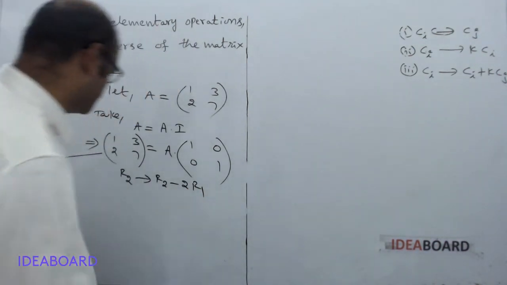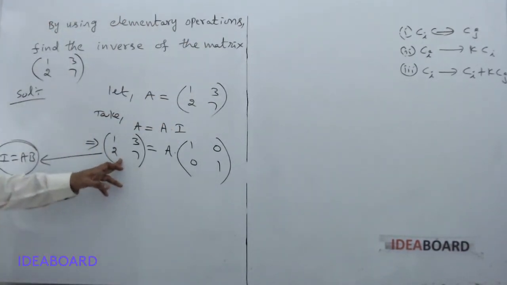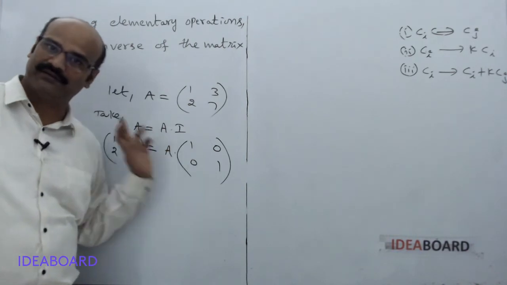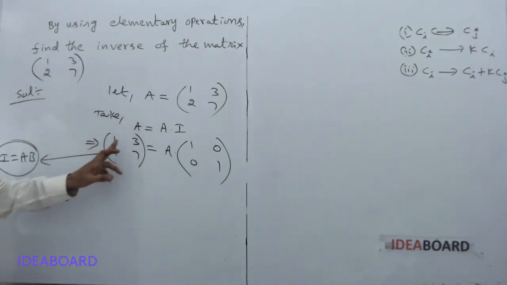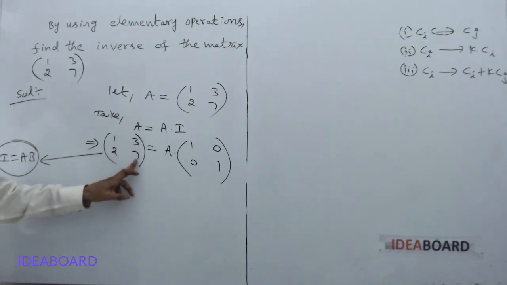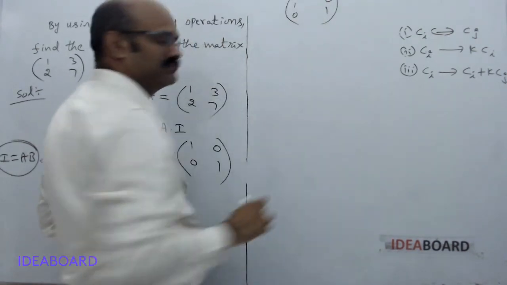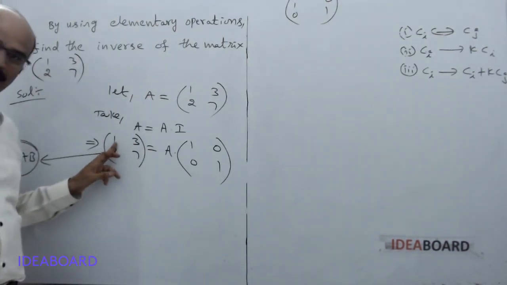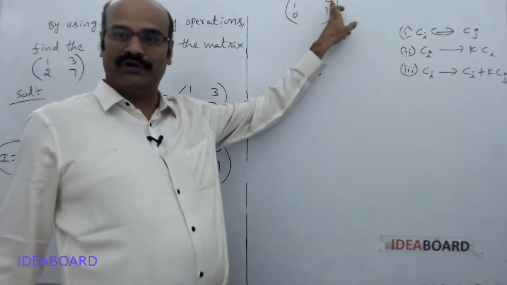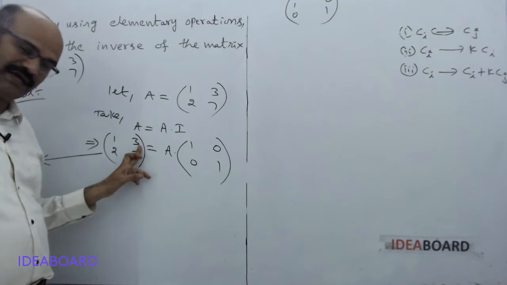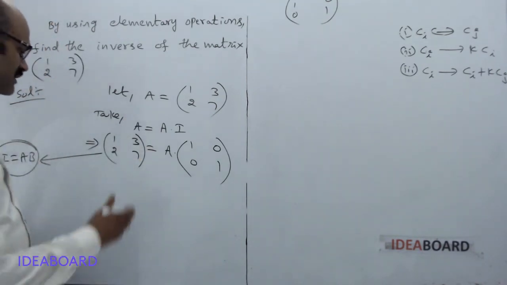Sorry, we should take column operations, because I have taken A equal to A into I. Our target is 1, 0, 0, 1. Here we have 1, no problem. Here we have to get 0. So we have to do the operation for C2 now.